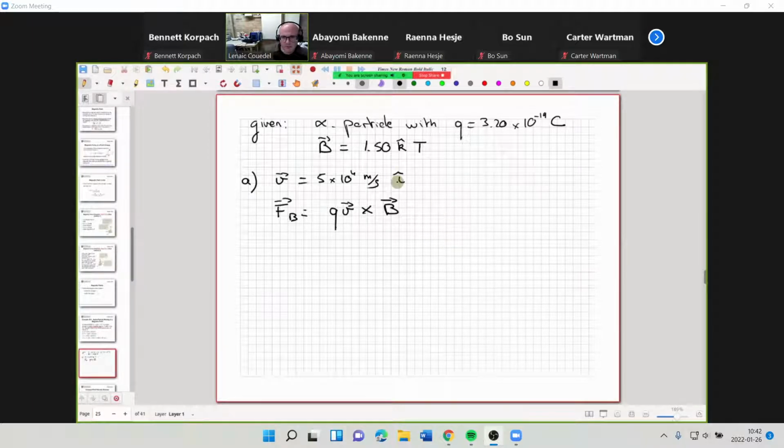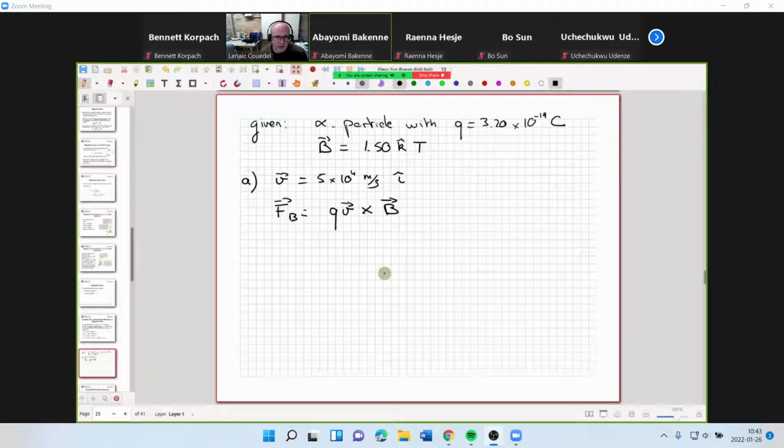You have the velocity along I hat, the charge is positive, and the magnetic field is along K hat. Without calculation, just using the right hand rule, what will be the direction of the magnetic force? Towards you. Minus J. Oh, sorry. Yes, it will be along J.